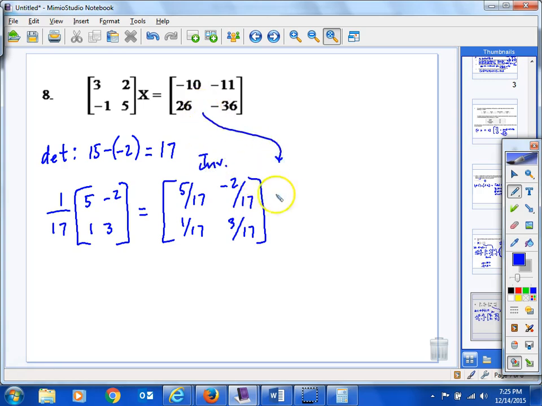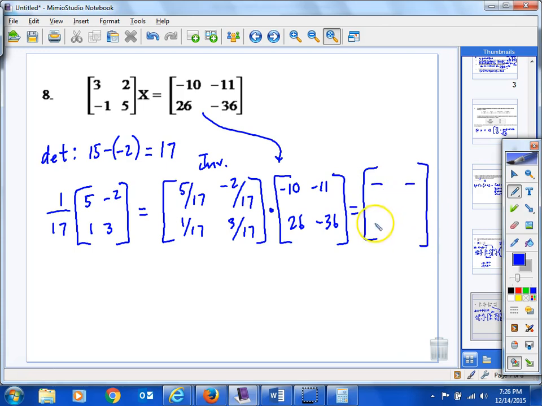Now, just bring this matrix down, put it on the right side, and get ready to multiply. And after we multiply these together, we'll have our answer. Okay, so we'll put our answer here. It should be a 2 by 2. And let's see, 5/17 times -10 plus -2/17 times 26, that's -52/17.